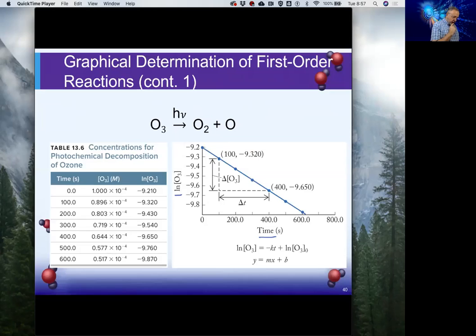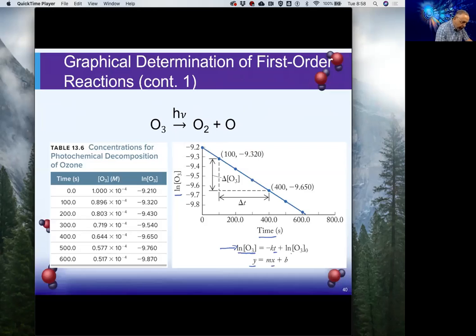Okay, so the equation here is the equation of the line. They have plotted y equals mx plus b. Y is the natural log of ozone. X is the time. And so the slope here is going to be minus k.